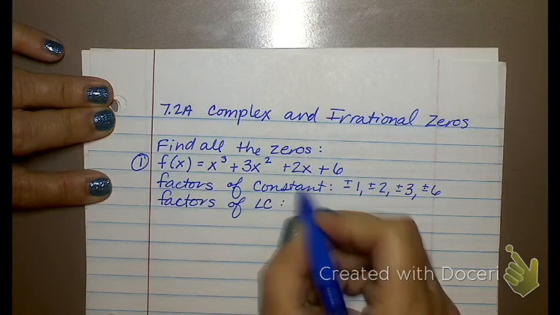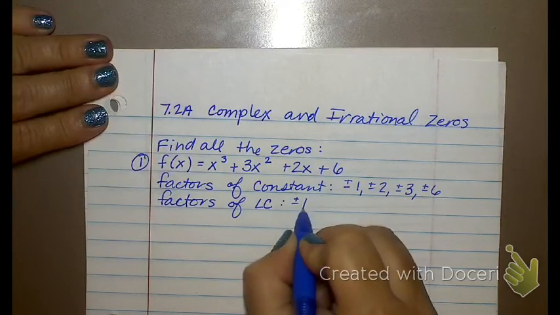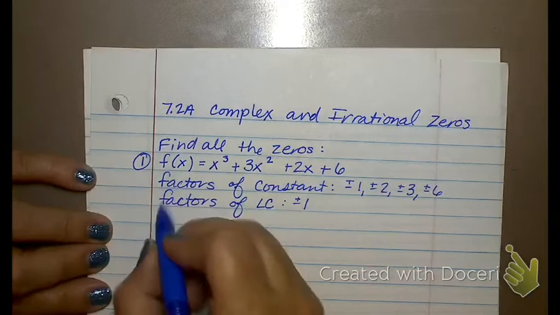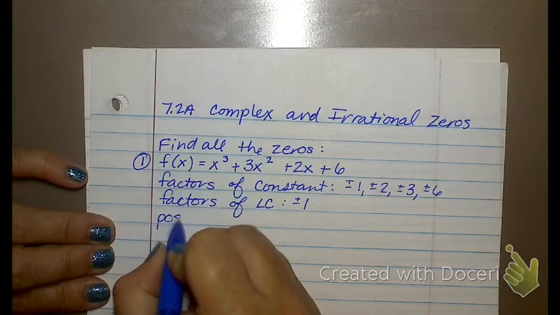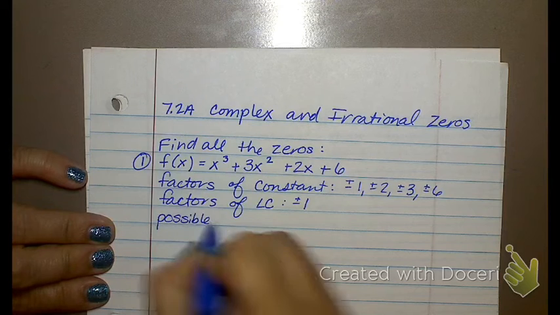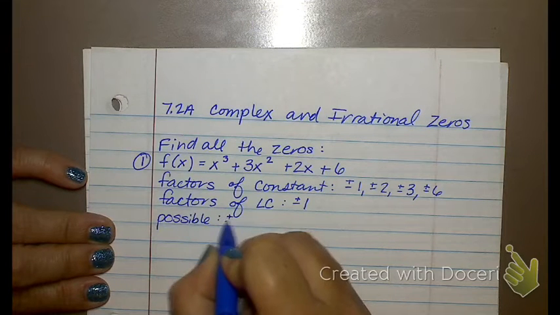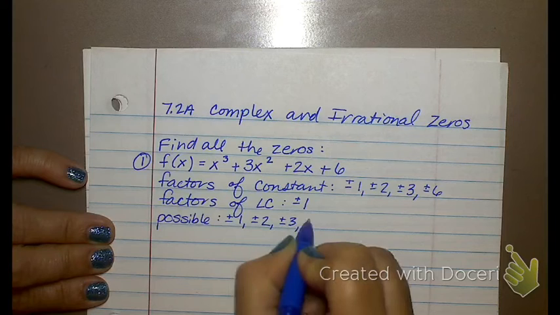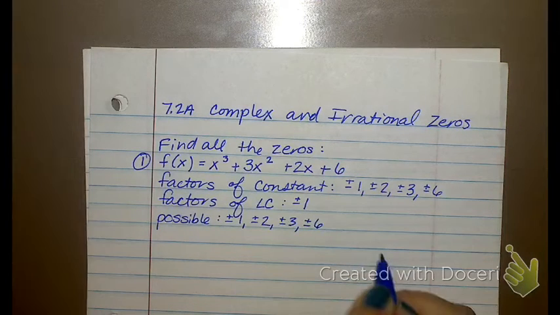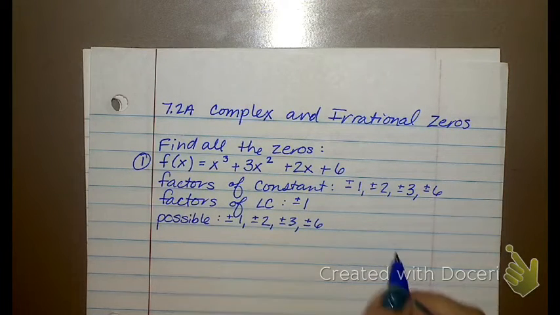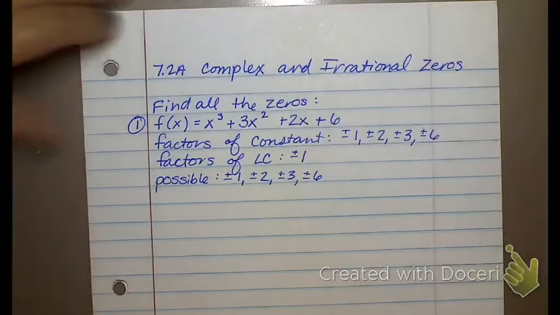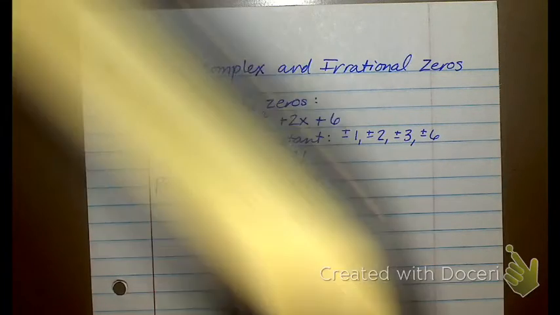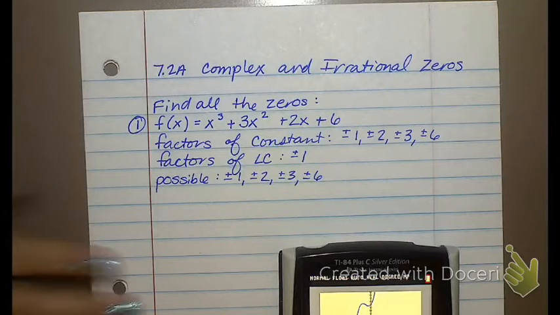It's just 1, right? I like it when it's 1 because then we don't have any fractions on our list of possibilities, right? So our possible roots are 1, 2, 3, 6, and the negative of all those as well. So how many numbers are on my list? 8.